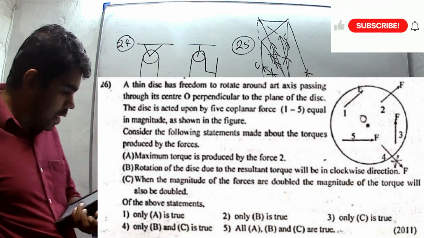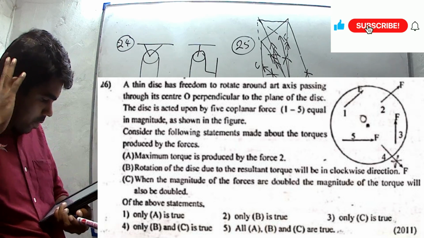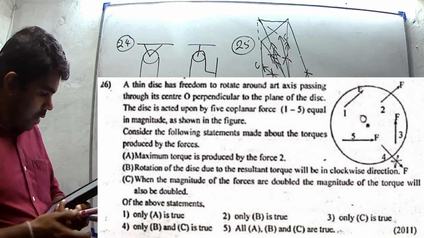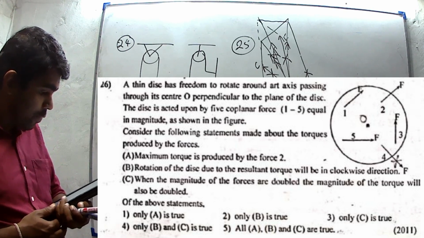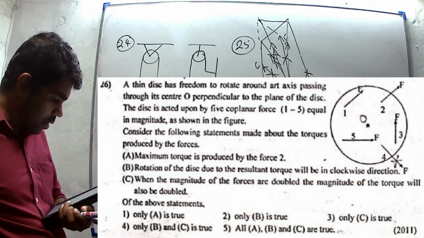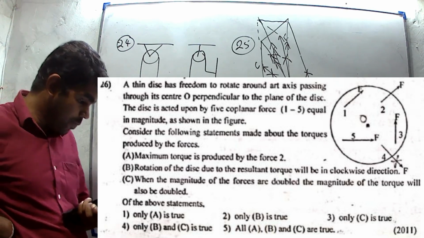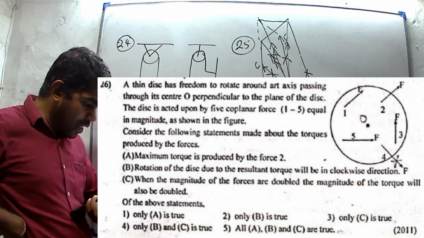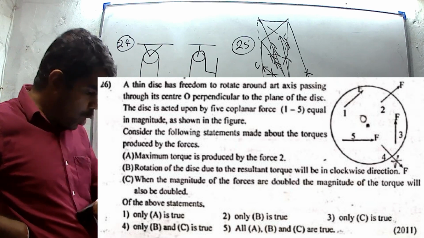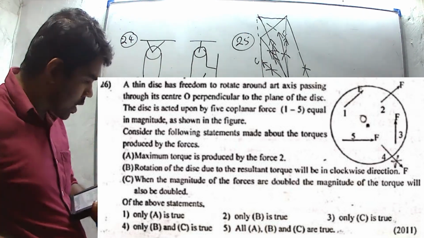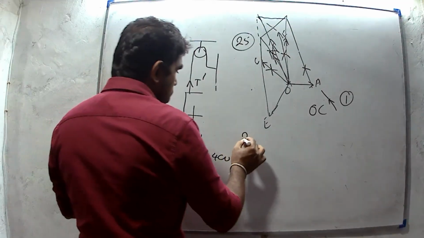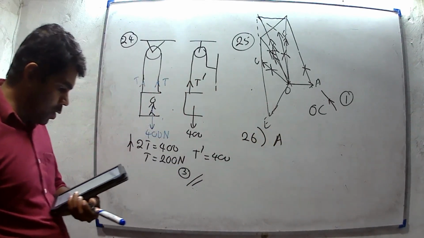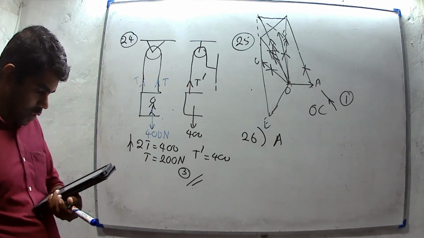The disc is acted upon by 5 coplanar forces, 1 to 5, equal in magnitude as shown in the figure. Consider the following statements made about the torque produced by the forces. Statement A: Minimum torque is produced by force 2, F2.